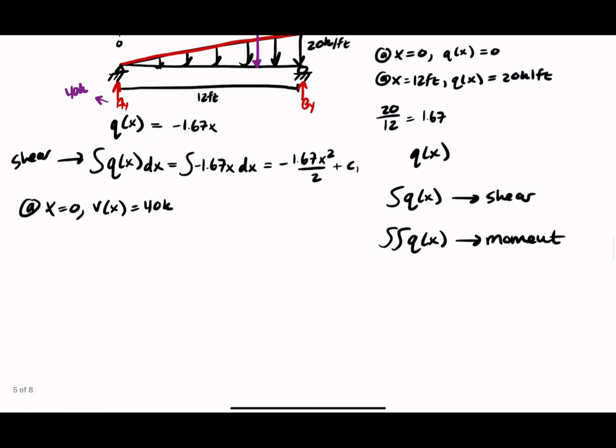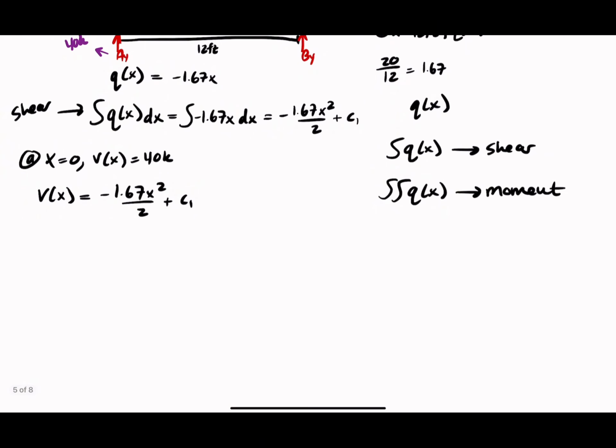So therefore, we can set our equation, this V of x that we just solved for, the shear equation. If we were to do V of 0, then this term would go away, and we know V of 0 would be 40 kips.